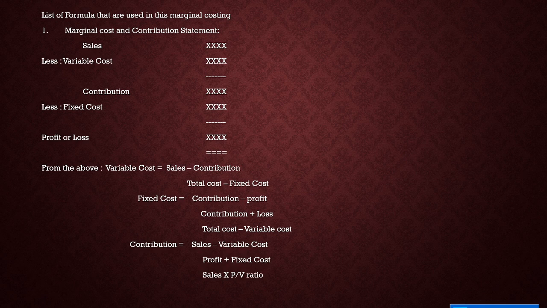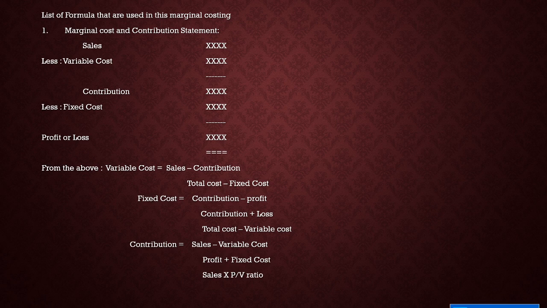Okay. Now, from the above, we can derive certain formulas as listed here. You can see, the variable cost can be found from the total cost minus fixed cost, as I said earlier. And the next way is sales minus your contribution will give you variable cost. The difference in sales and contribution will give you the variable cost. You can find the variable cost in this method also. It is not only total cost minus fixed cost that will give you variable cost.